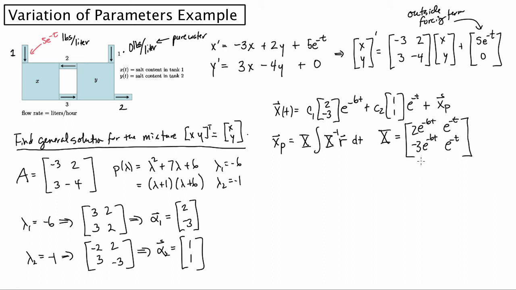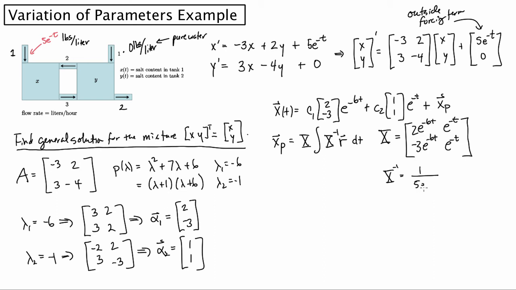And I've got to find its inverse. So the inverse of this matrix, done in the normal way, let's just go ahead and do all the steps. It's 1 over the determinant. So the determinant of this matrix is 2 plus 3, and notice that they're both e to the -7t.